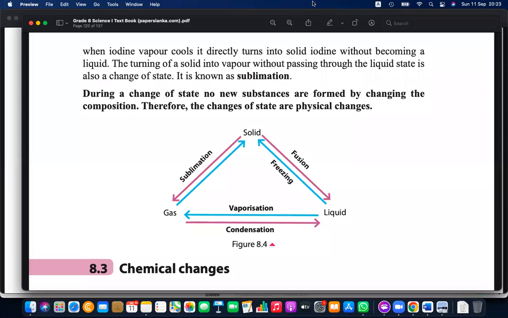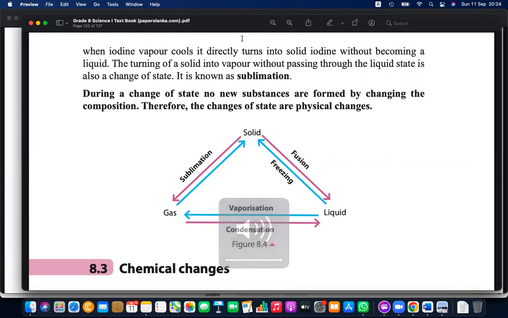When you wrap a polythene bag around leaves and keep it for a few hours in sunlight, you can see some collected water drops in the polythene bag. So what is happening there? Is it vaporization and condensation, or is it something else? There is a special name given for that. Why is it happening?